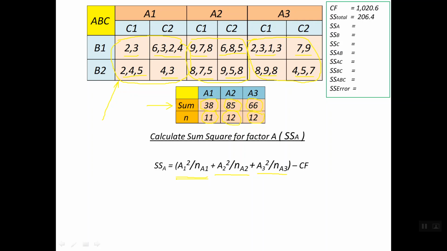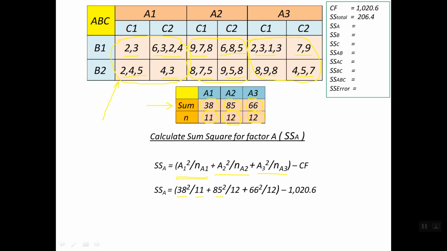So now we can substitute in the main formula for the SSA. This is A1, which is 38. We square it, divided by n sub A1, the number of observations, which is 11.